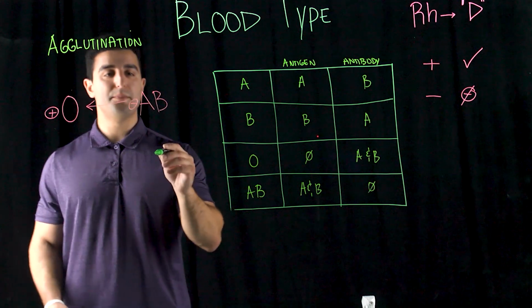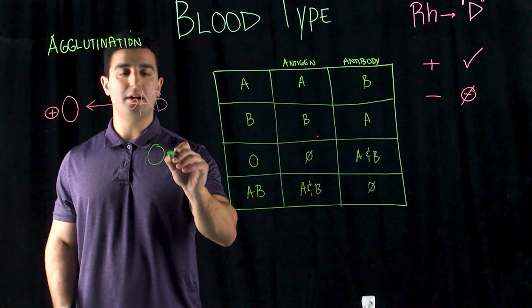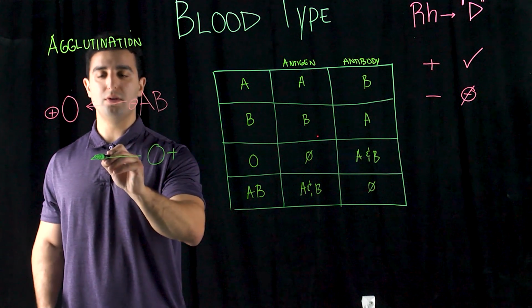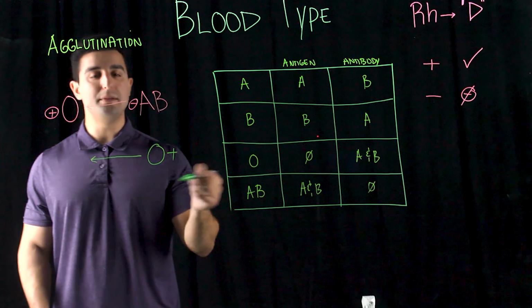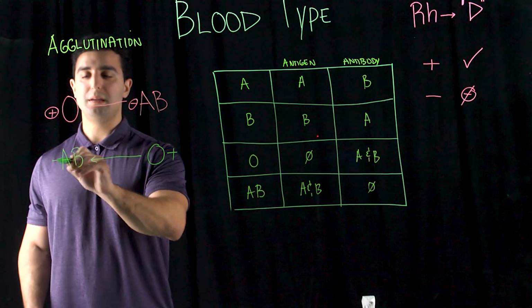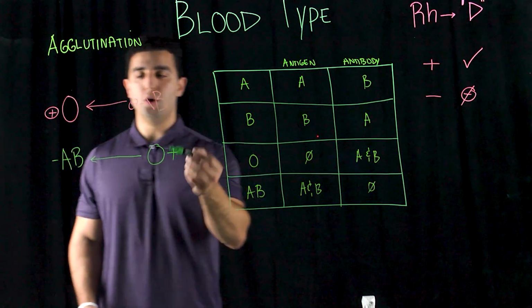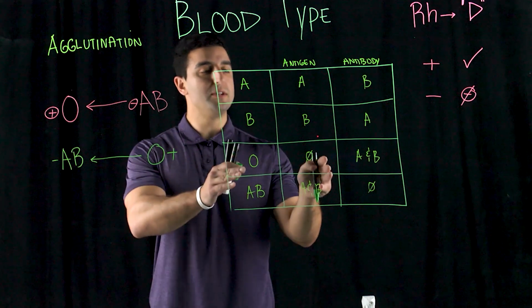Let's do the opposite now. So now let's do AB, so O positive, right? So remember, O was the universal donor and AB was the universal recipient. So if we go this way now, same thing, same process, O going to AB. So if we look at just the AB and the O, right, we can notice that, no, this is fine.